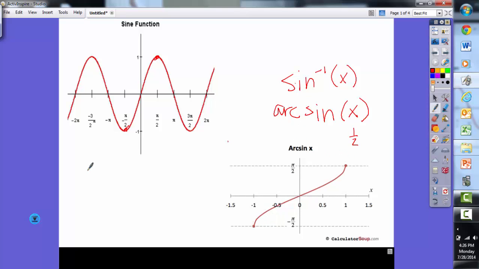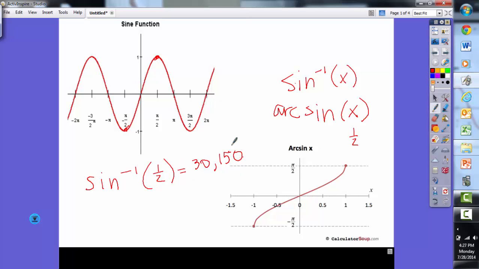So oftentimes you'll have a question where it'll say the sine -1 of 1/2, and you're going to tell me that the answer is 30 and 150, because the sine of 150 is also positive 1/2.